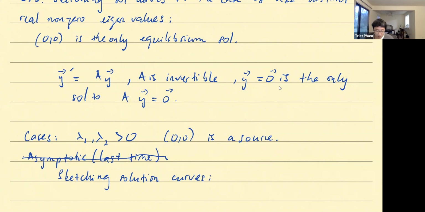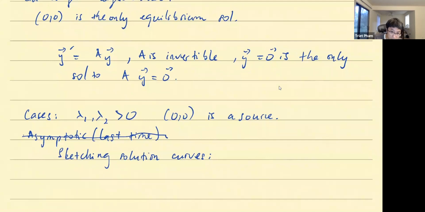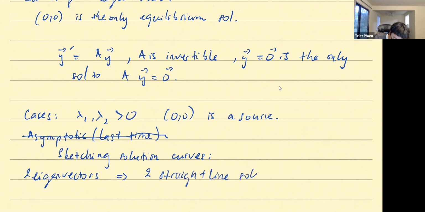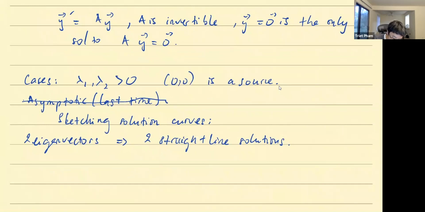Okay, so how do we go about this? First and foremost, we always have 2 eigenvectors, which give us 2 straight line solutions. This is true across the cases. And for purposes of demonstration, suppose they are (1, 1) and (-1, 1).